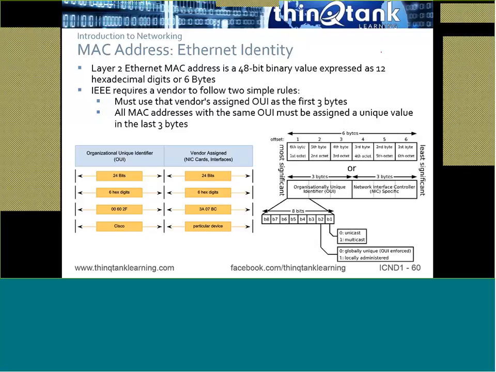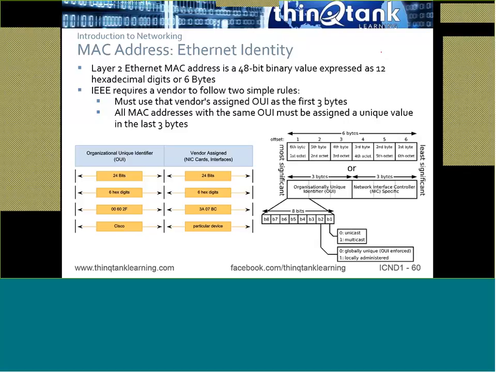You would think that they would have many, many more, but they have less than 2,000 OUIs. But if you consider how many MAC addresses can exist per OUI, that's a lot of devices. It's 2 to the power of 24 per OUI, because there's 24 bits reserved for the vendor code.